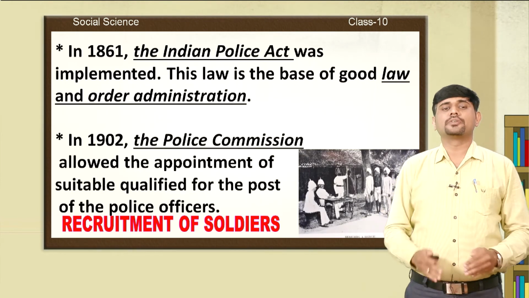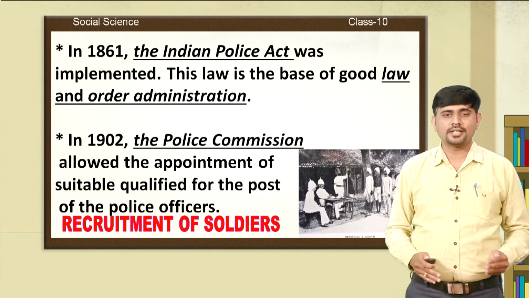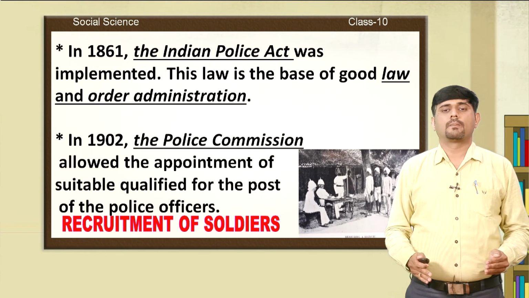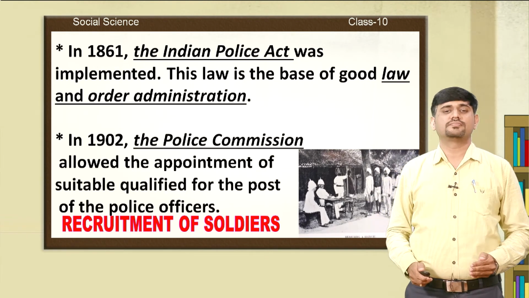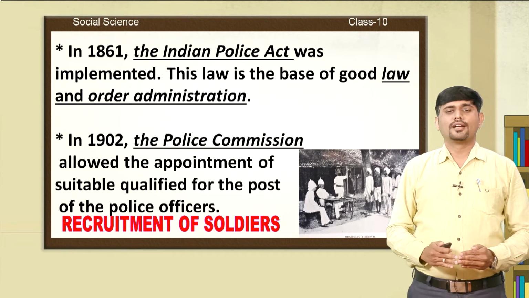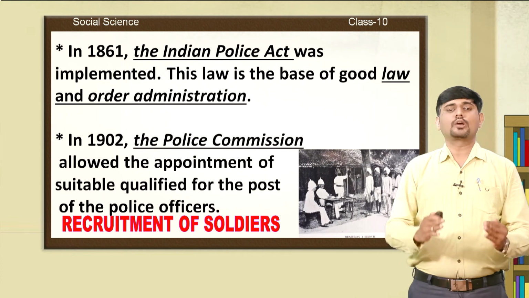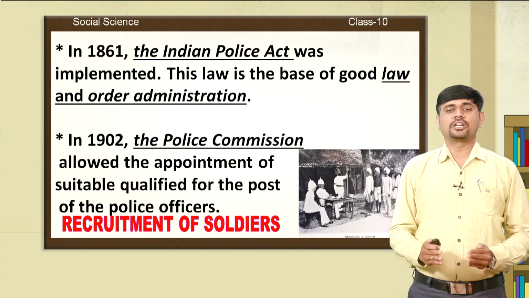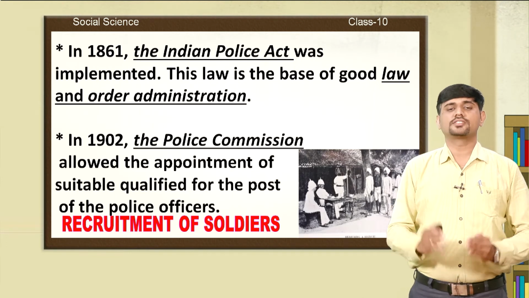In 1861, the Indian Police Act was implemented by the British government, and that act provided the base of good law and order in administration. In 1902, the Police Commission allowed the appointment of suitably qualified people to the post of police officers. The British started to recruit the Indians into the police system.